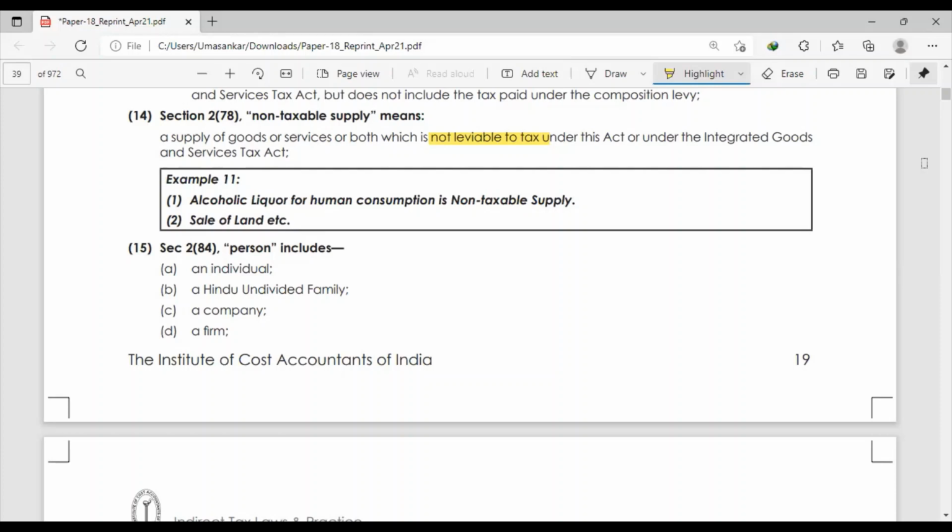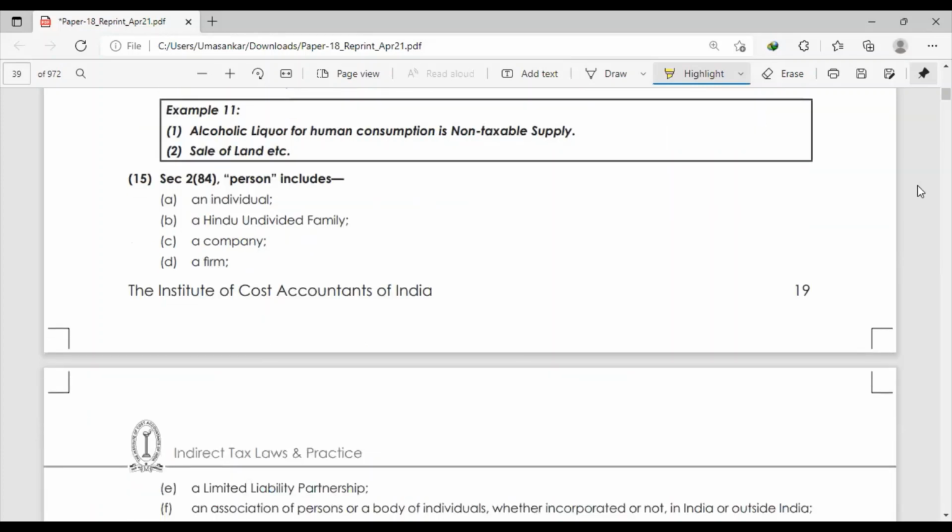Now, person. This thing you, as commerce students, already know. What is the definition of person?